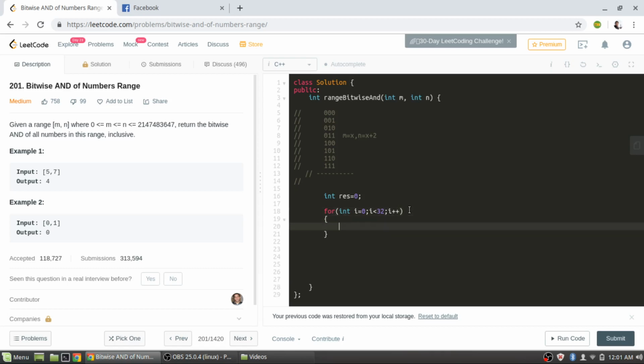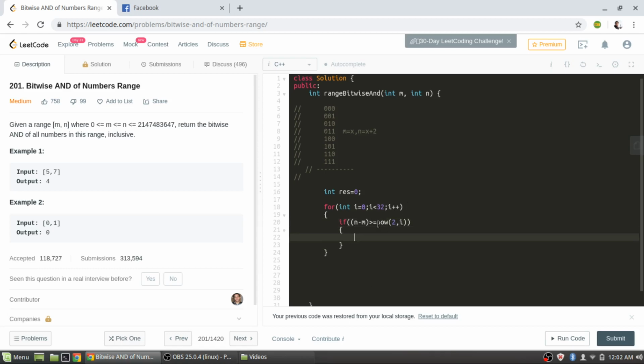So now what else I'm saying is that if the difference of n minus m is greater than equal to 2 to the power I, which means if this is the case, then we are always going to get, let me just typecast it so that it cannot overflow.